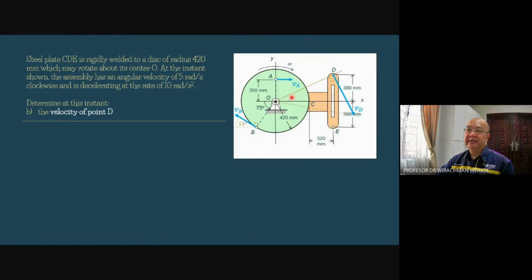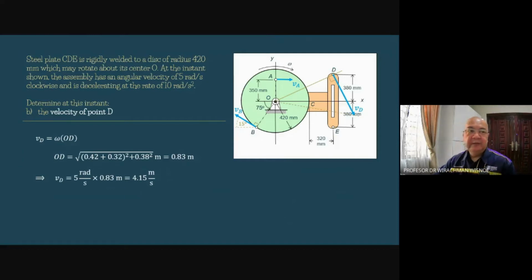So you know this angle. Knowing this angle, you will be able to know this angle, or the vertical angle. The velocity of D is omega times the distance from O to D, and the distance from O to D you just calculate. So for VD, you obtain 4.15 meter per second.